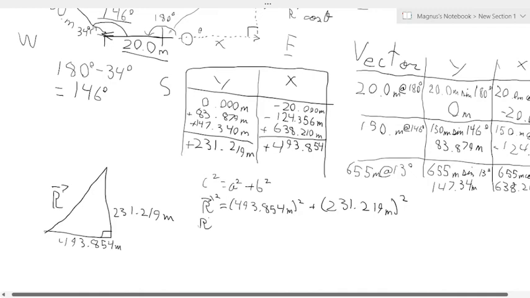Resultant is going to be equal to the square root. I just took the square root of both sides.